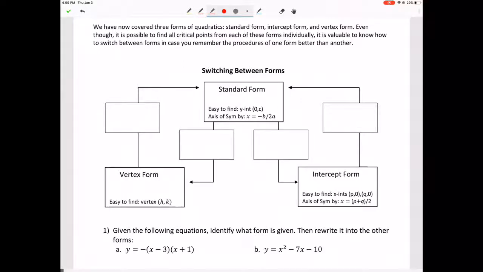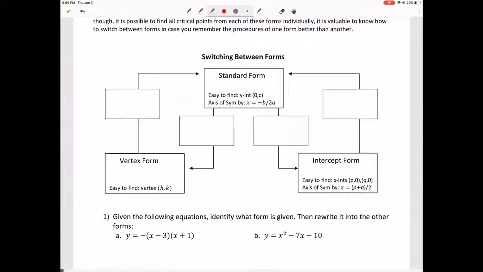All right, so like I said, we've talked about this before, the three different forms and how to switch between those forms. Standard form is y equals ax squared plus bx plus c. Intercept form is y equals a times (x minus p) times (x minus q).